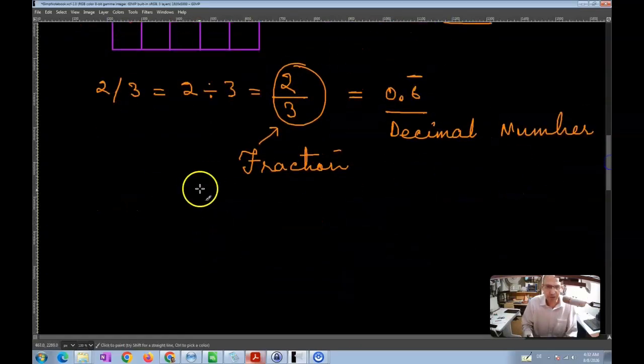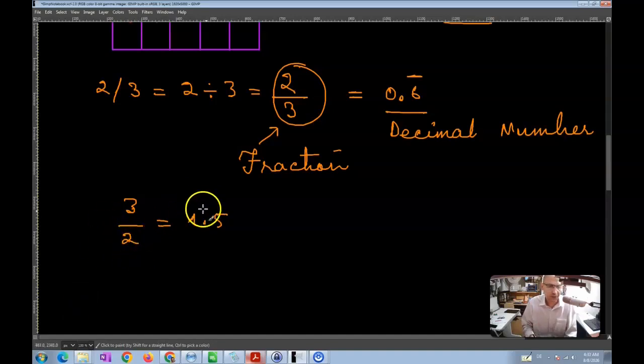And if you have some fraction like 3/2, then you would write it as 1.5, right? You see that in this fraction you have 3 in the numerator, 2 in the denominator, and the numerator is larger than the denominator.